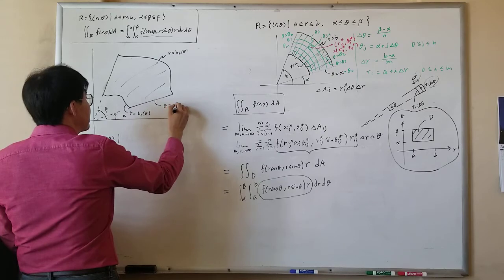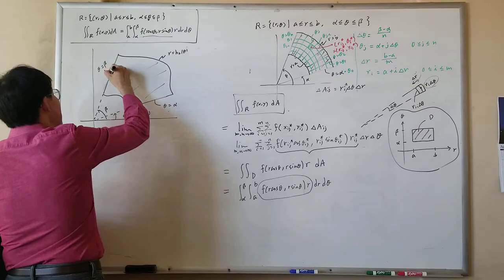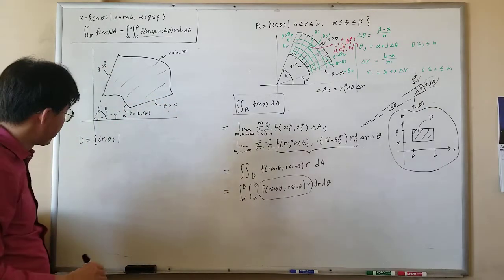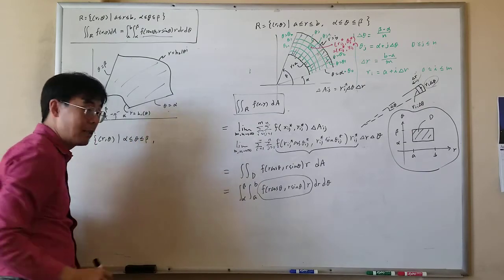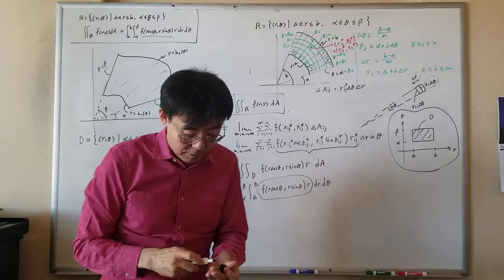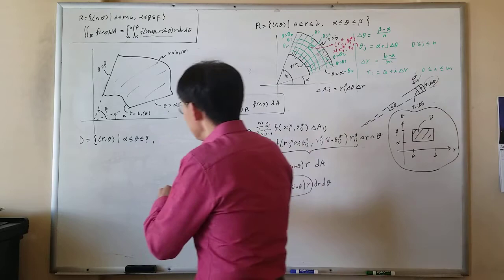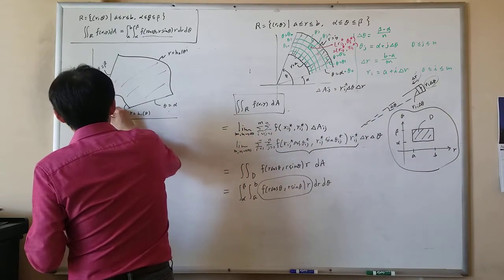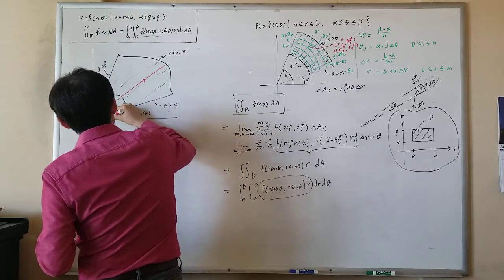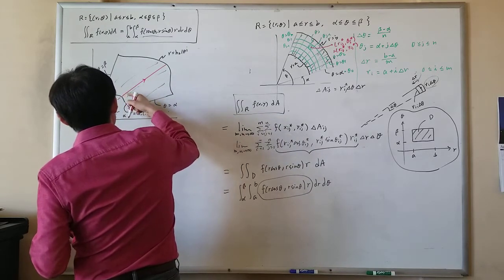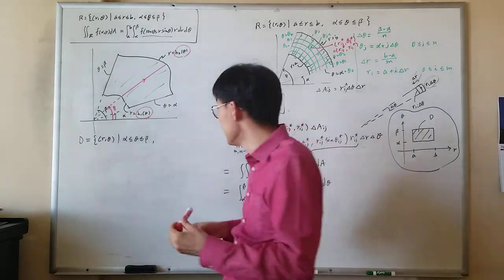So this is theta equals alpha, beginning angle of theta, and this is ending angle of theta. So theta from alpha to beta, and given theta, your R, see, for a given theta, R runs from here to here, isn't it? Right?